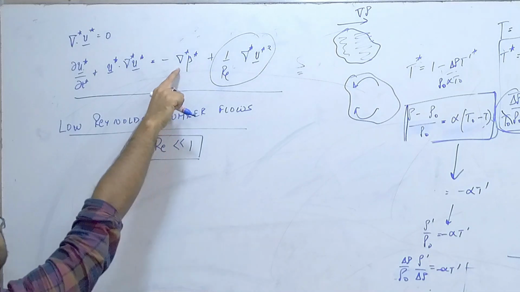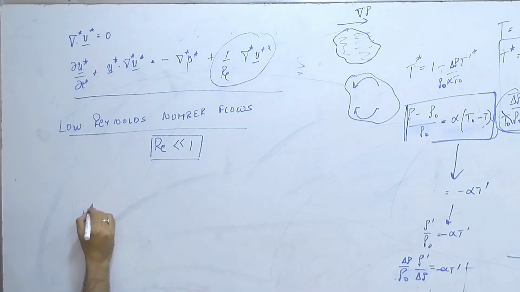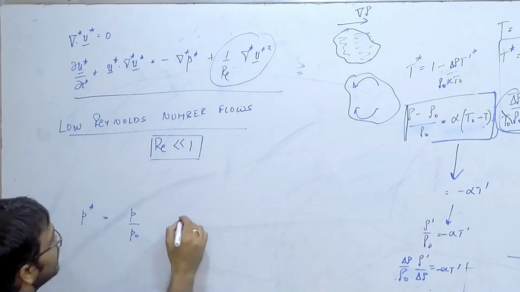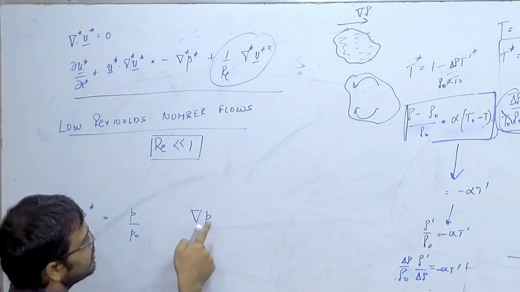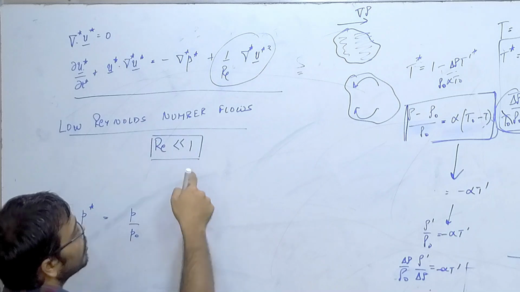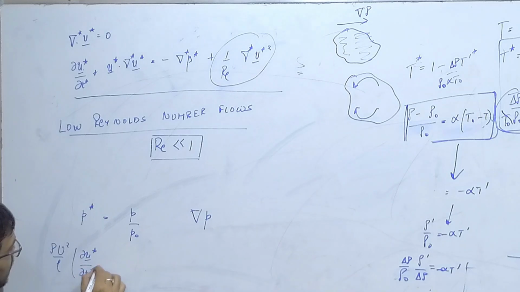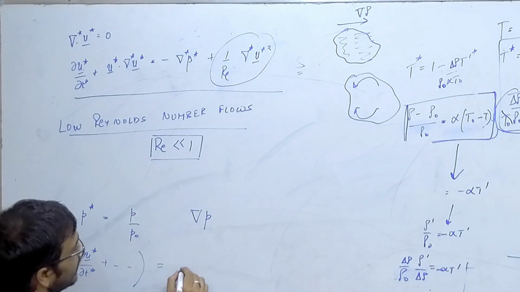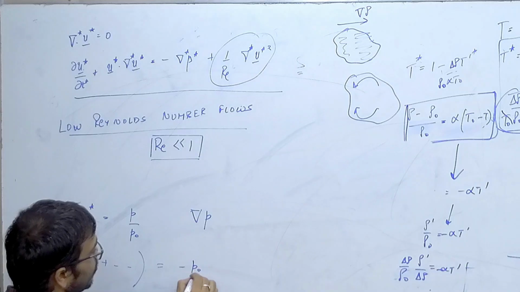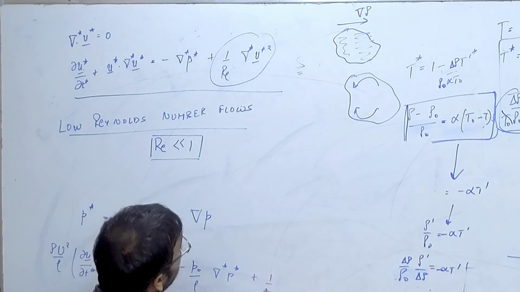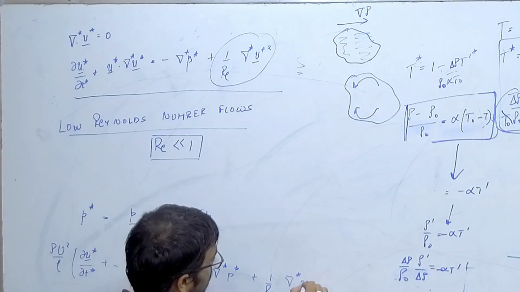If you remember, this P star I had defined as P by P naught, and when I non dimensionalized the gradient of pressure term, there is a rho u square over L that you get on the left hand side, and then you get a minus P naught over L del star P star plus 1 by Re del star square u star.